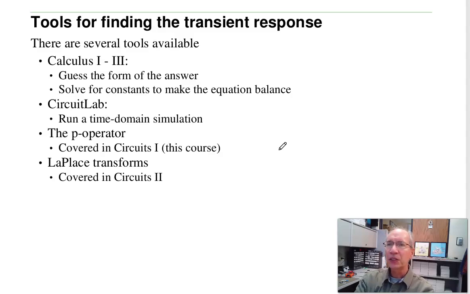Second way is to use Circuit Lab. Plug it into Circuit Lab, and Circuit Lab will tell you the transient response and the steady state response. Same as MATLAB. Solve using numerical integration. Third approach is the P operator. That's what we cover in Circuits 1, this course. Fourth approach is Laplace transforms. That'll be covered later on in Circuits 2 and Signals and Systems.